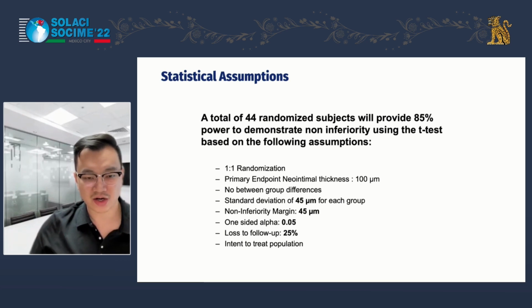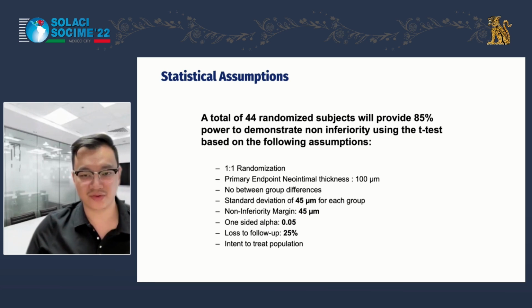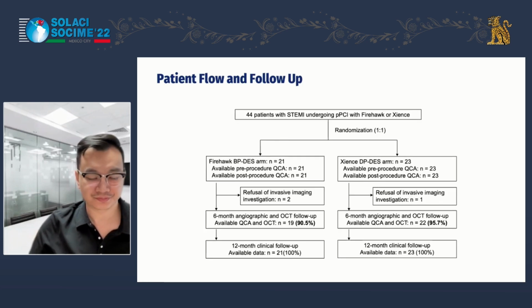So the non-inferiority margin was also 45, one-sided alpha 5%. The attrition rate was set at 25%. So a total of 44 randomized subjects will provide 85% power to demonstrate non-inferiority using the t-test.